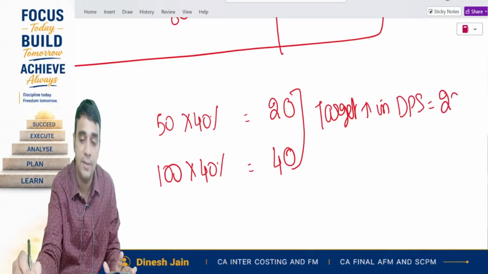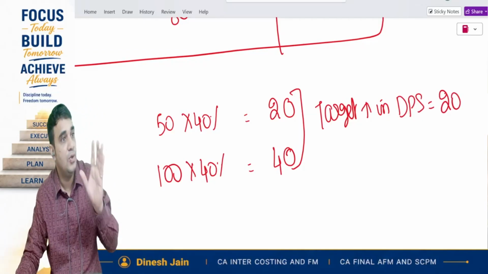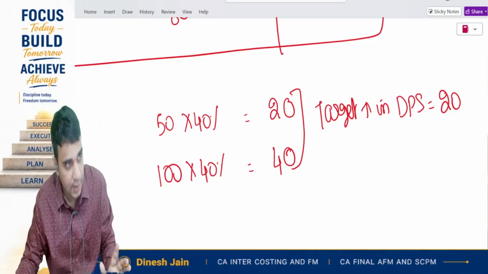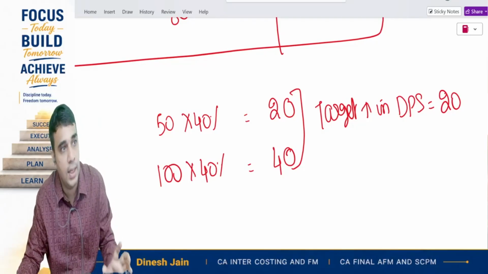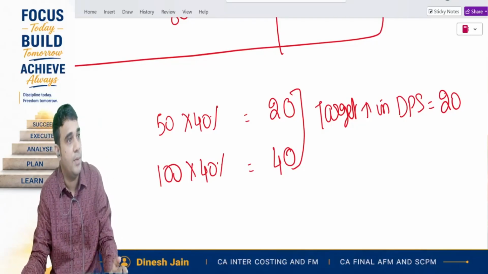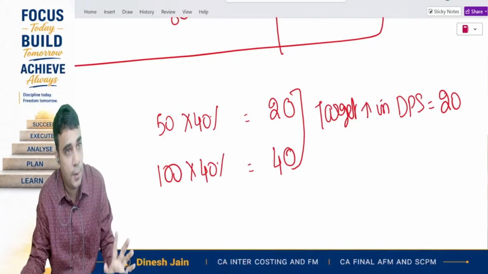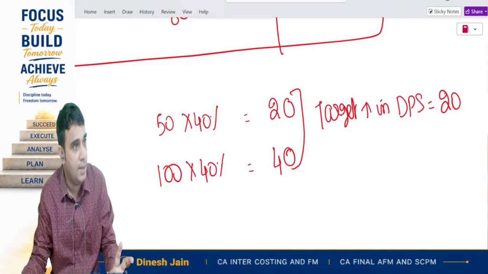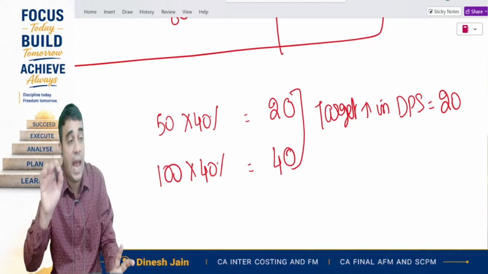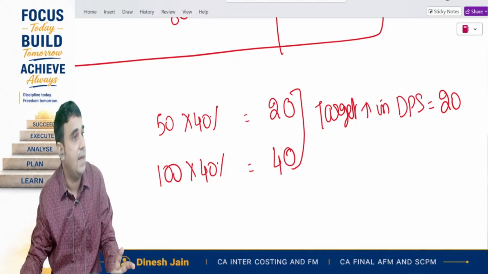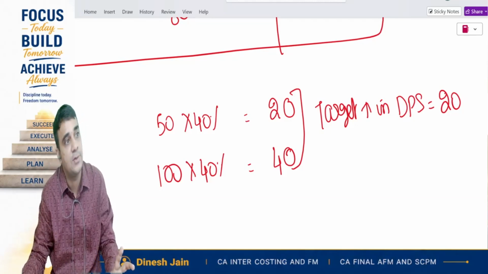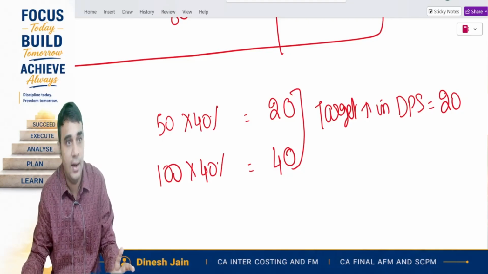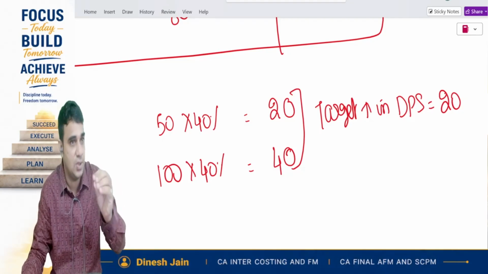The target increase in dividend per share is 20 rupees. You are wanting to increase the dividend by 20 rupees, but actually you increase it only by 8 or 9 rupees. How that 8, 9 is derived, we'll understand in some time.